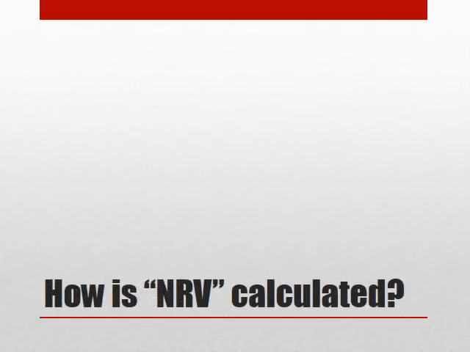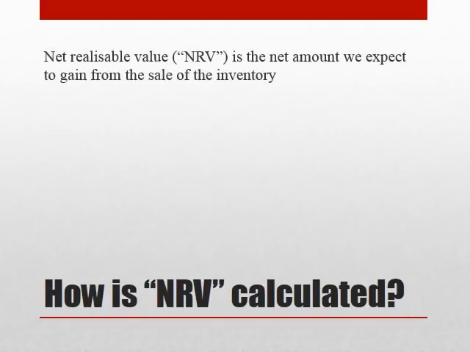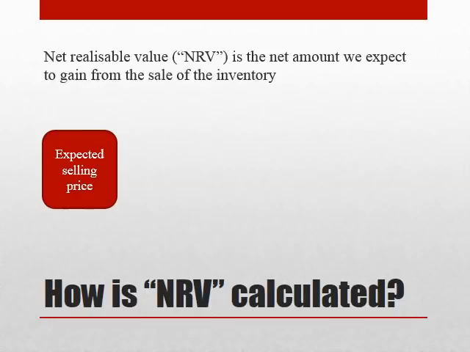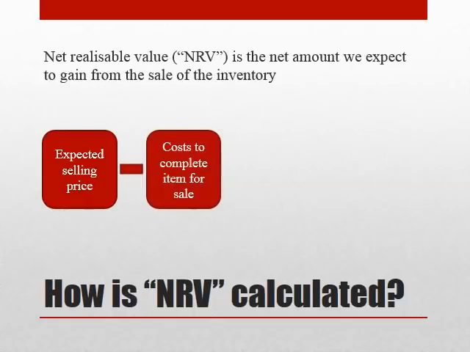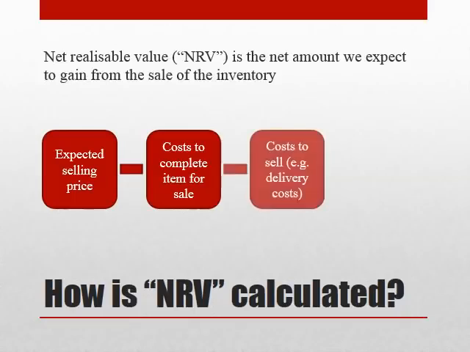So net realizable value. This is the amount that we would expect to gain from actually selling the piece of inventory that we're looking at. So we would start off by considering the amount we expect to sell it for, and then we would deduct, first of all, any costs required for the item to be completed so that it could then be sold, less any costs associated with that sale.